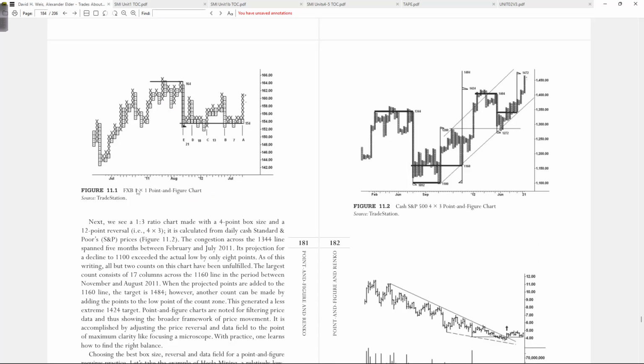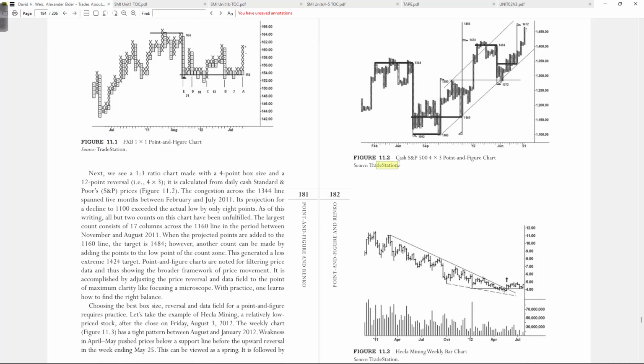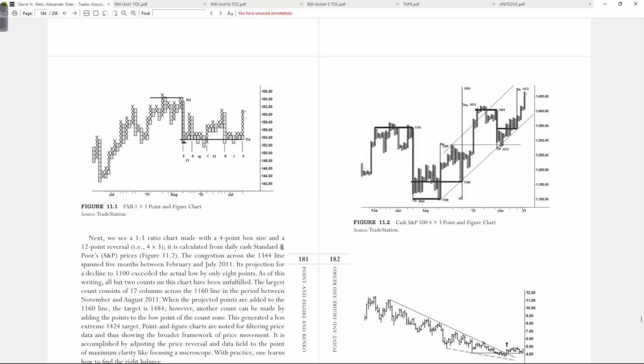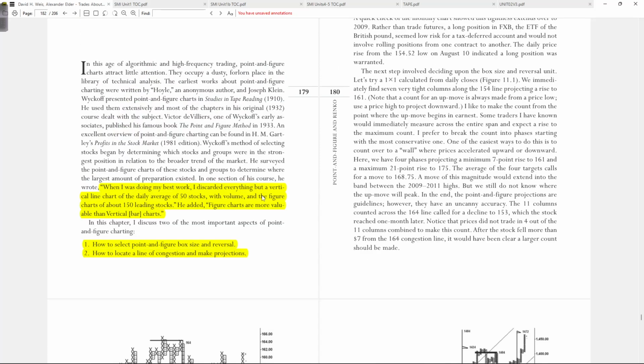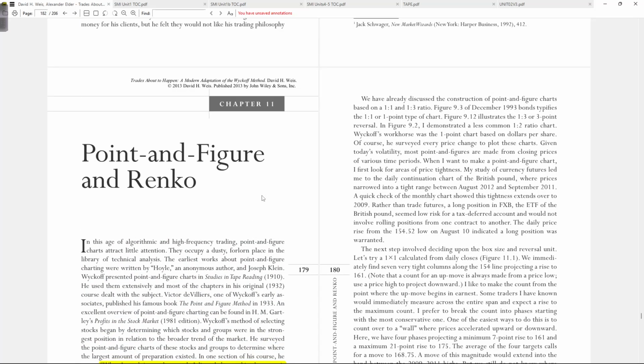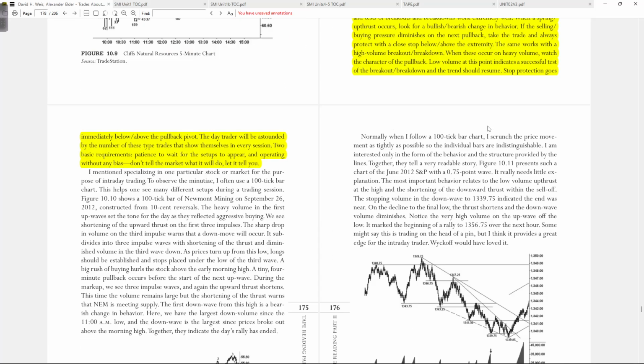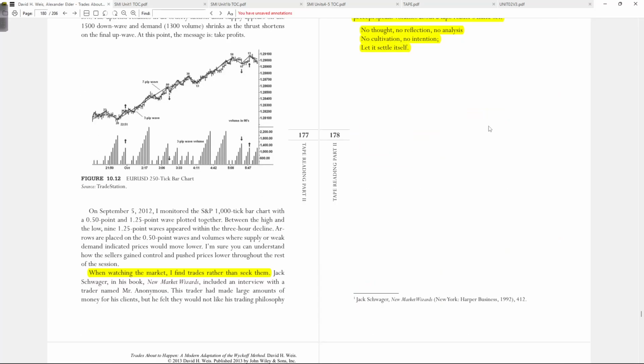Then figure 11.1, figure 11.2, and figure 11.3. This one is 9.3, so it's in chapter 9.